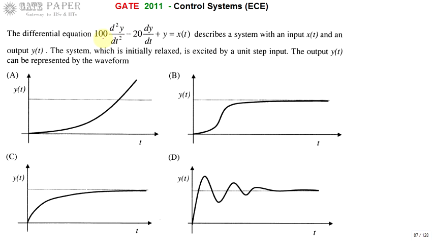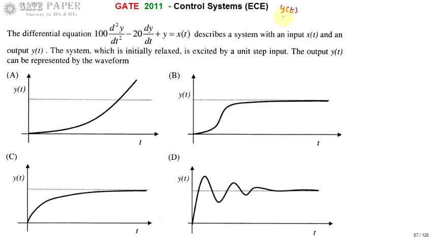So this is the differential equation given. We can specify the output response in two ways. If we know the time domain expression for the system output y of t, you can tell the waveform.